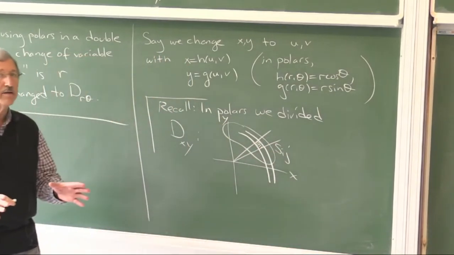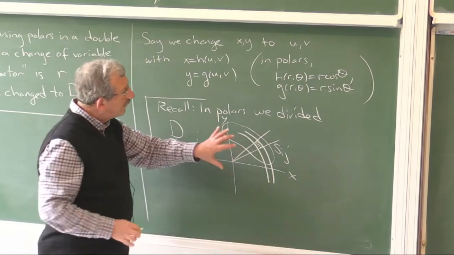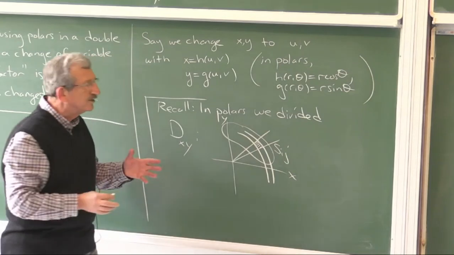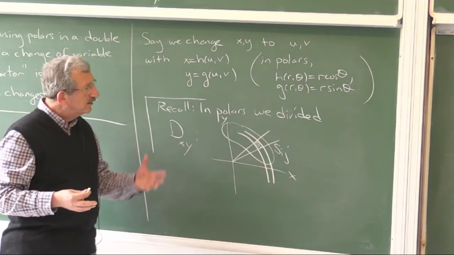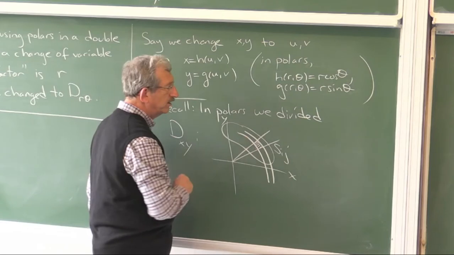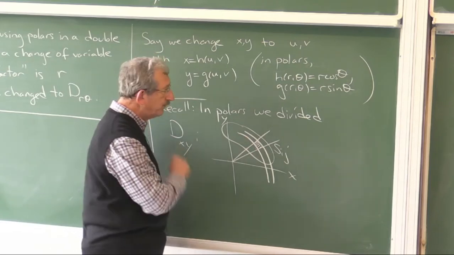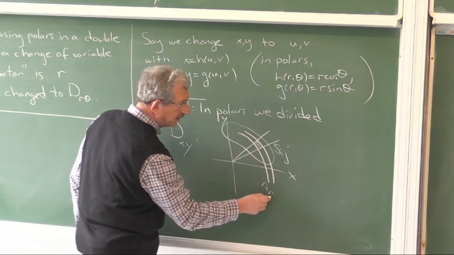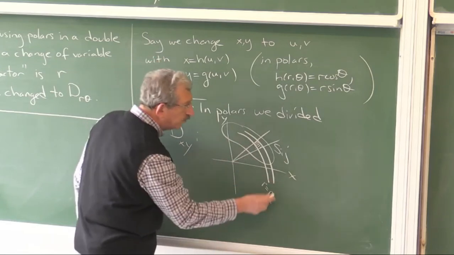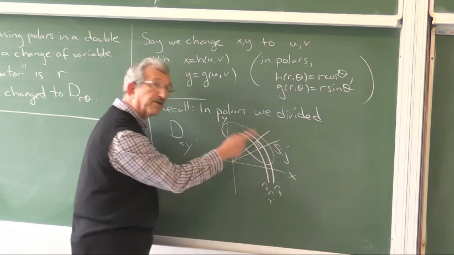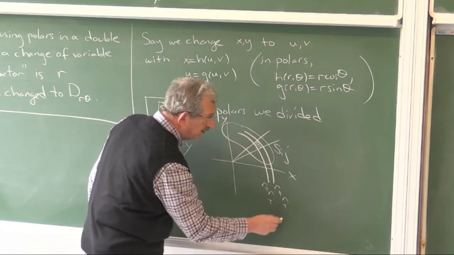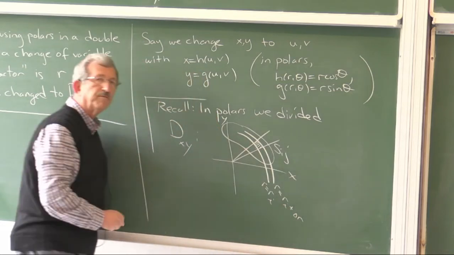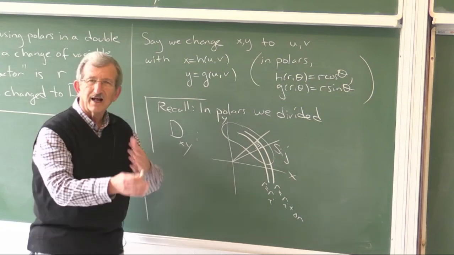It's not a rectangle anymore, but we divided our D, this whole region, into smaller regions like this. Why was that? Because these were certain curves. Here r was constant, some r i. The second one was another constant, r i plus some delta r.